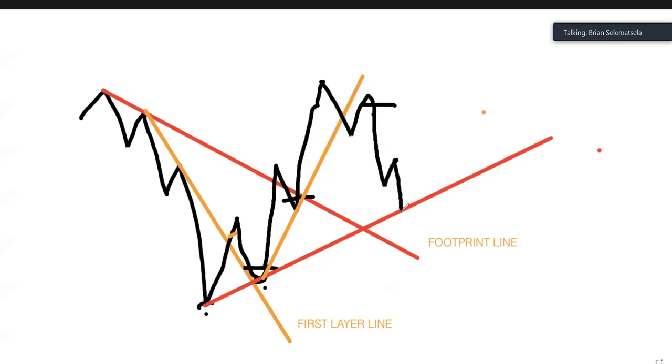As it continues to make some retests, you add more trades. And from there, you draw your same lines again, your footprint. After that, you draw your first layer. Immediately after the first layer gets broken, you know you have to get on a trade.